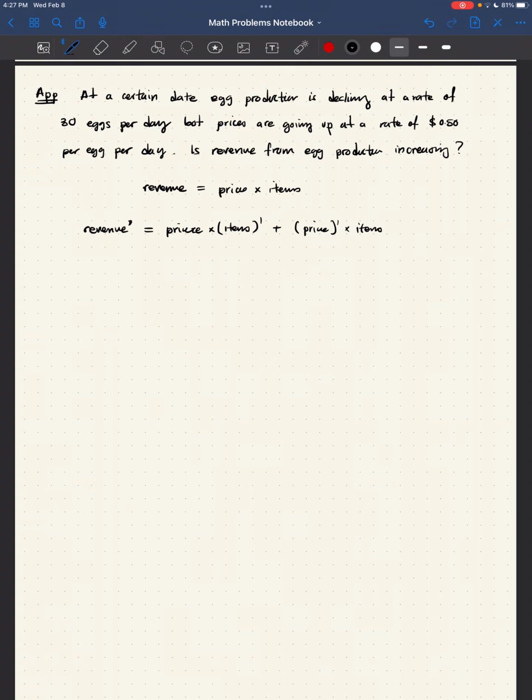Based on the problem description, that is the price times negative 30 plus 0.5 times items. So look, under what conditions is revenue increasing?